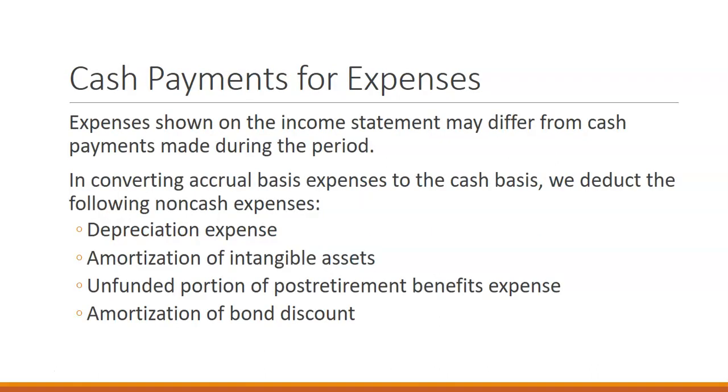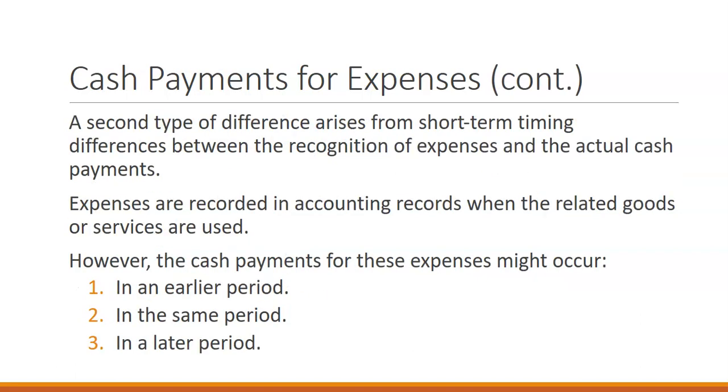Next, we have cash payment for expenses. We look at all of the expenses on the income statement, and we would deduct any of our non-cash expenses. Depreciation expense and amortization are non-cash expenses. The other item is those timing differences.